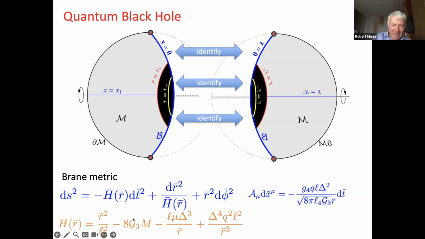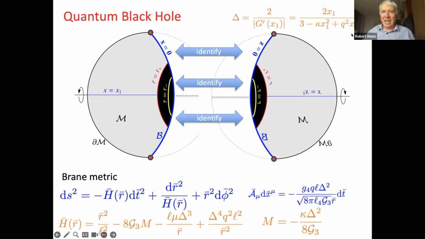And that function h that I mentioned is the same kind of Schwarzschild-AdS-like thing, where the mass parameter is given in terms of minus kappa delta squared over 8 g3, where delta has this value to ensure it's -2 over the first derivative of g evaluated at this value of x equals x1.